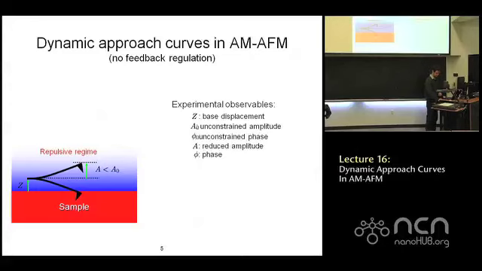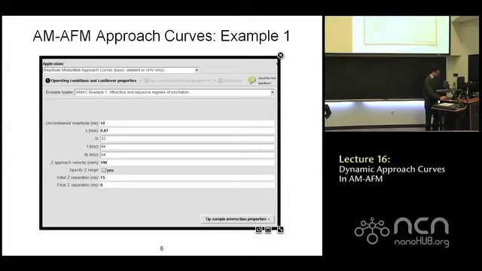Okay, so if you go to the amplitude modulation approach curves basic tool from the drop-down menu, we'll get an input page for the operating conditions and the cantilever, which looks very similar to the sweep tool.